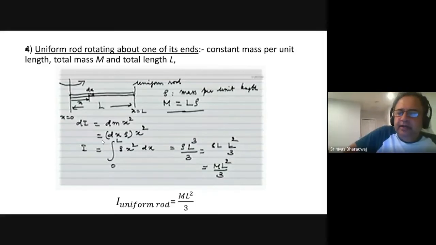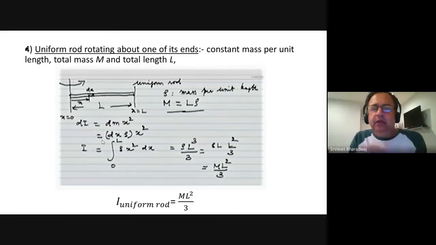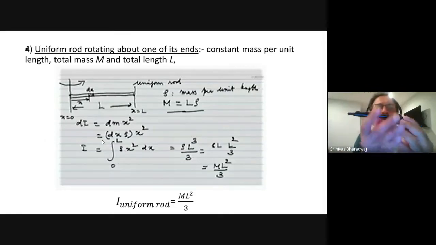Therefore, you do the integration of rho times x square dx, which is x cubed by 3. That will become L cubed by 3. So ml square by 3 will be the moment of inertia of this one about this axis, if you want to make it spin about this axis.